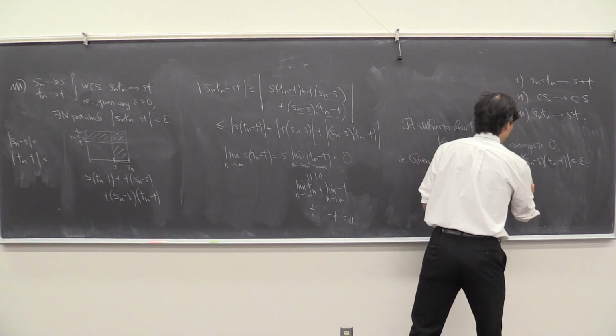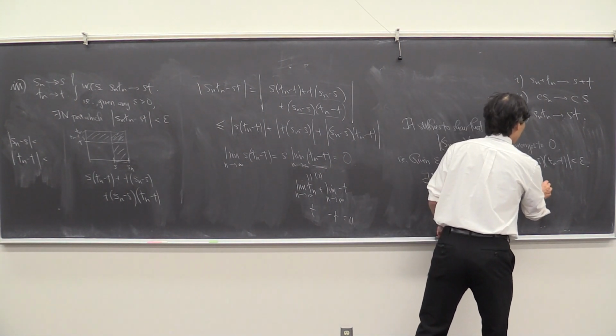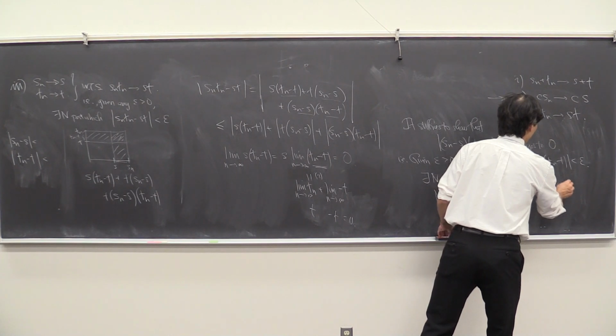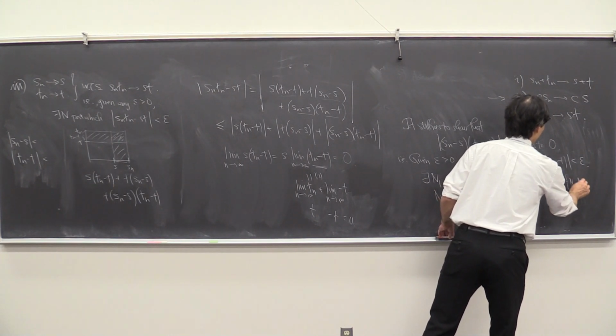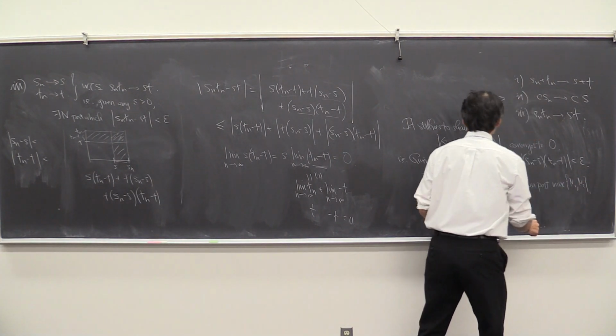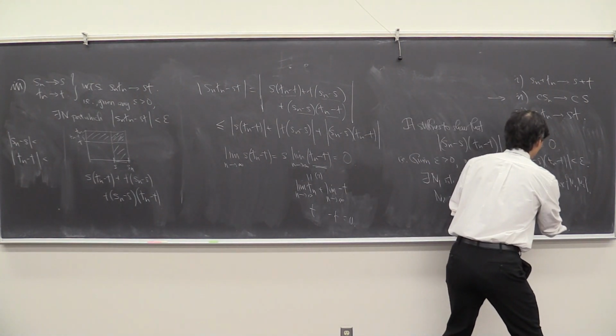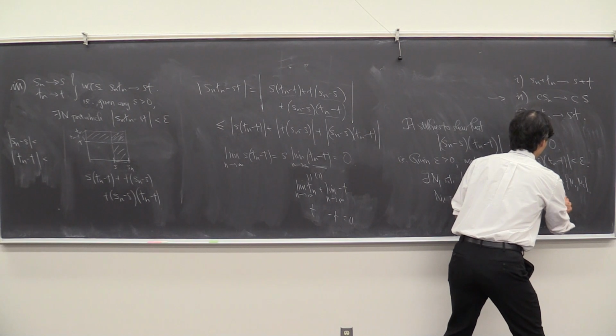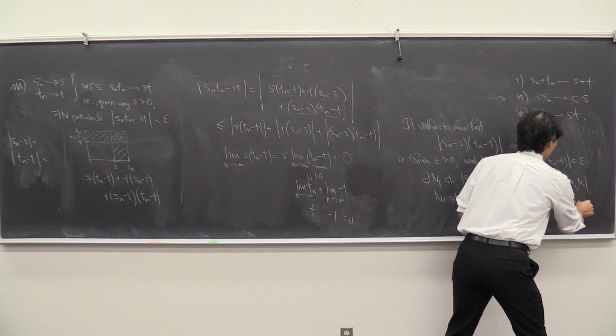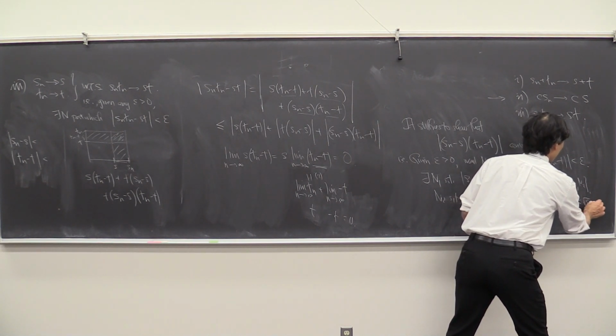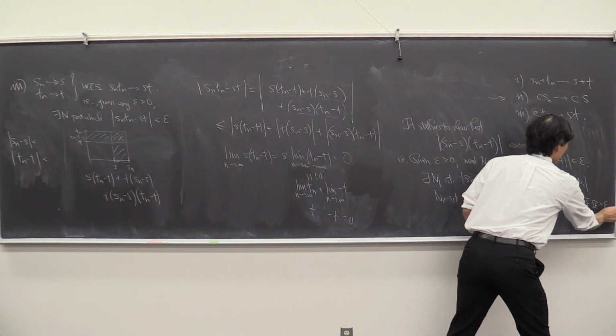Then past the max of n1 and n2, we know that both of those are true. And so this thing is going to be smaller than root epsilon times root epsilon, which is of course just epsilon.